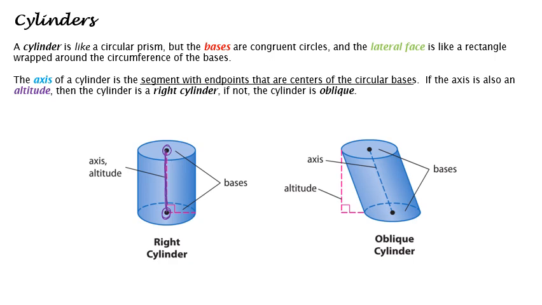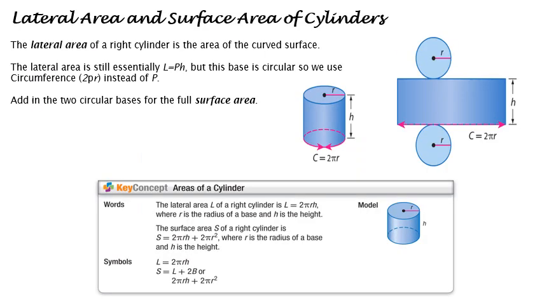Okay, let's look at then the surface area and the lateral area of cylinders, and maybe the net as well. So here we've got our drawing of our cylinder again, and the net of the cylinder. So you can see we have our two circular bases, and then this whole rectangle.